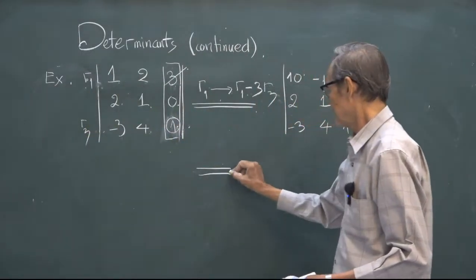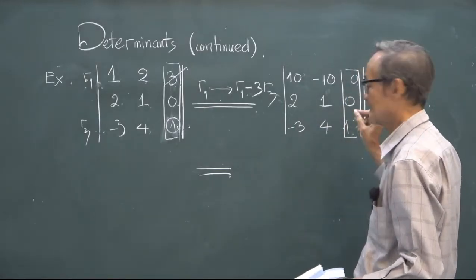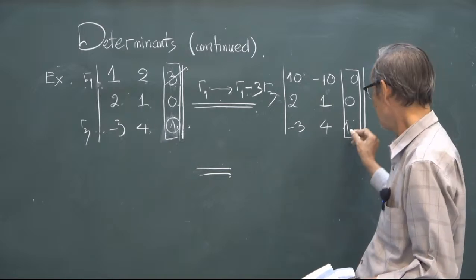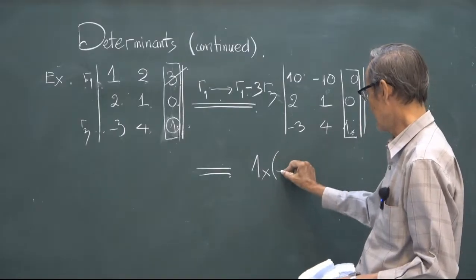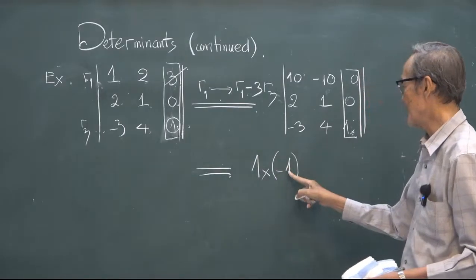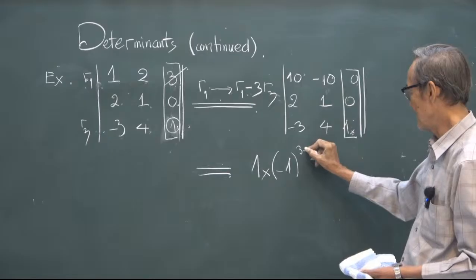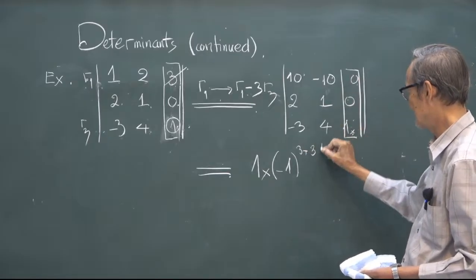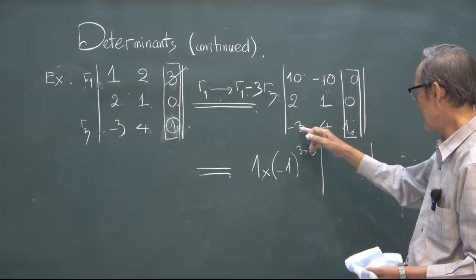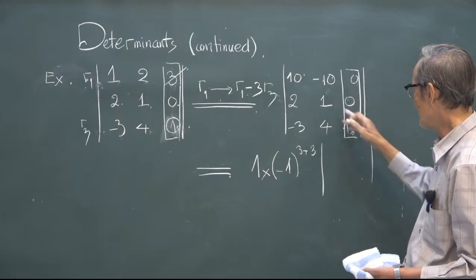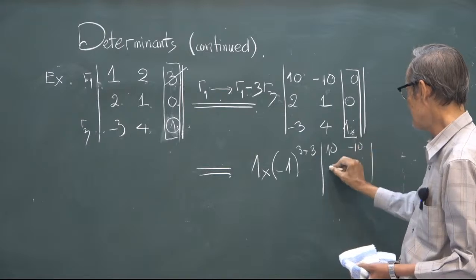And now we expand by the third column. We write this element, number of minus sign, minus 1 to the power row 3 plus column 3. Delete row 3, column 3. We have 10, minus 10, 2, 1.